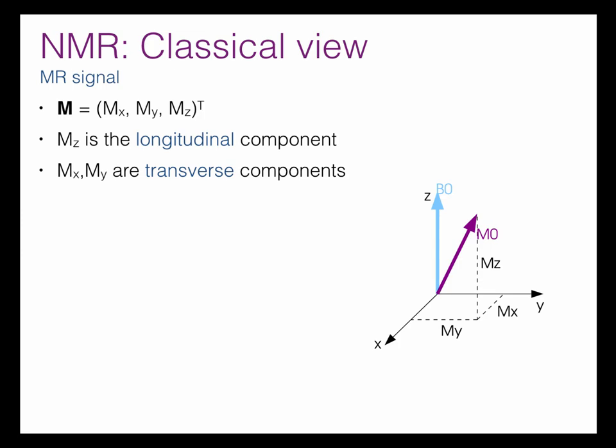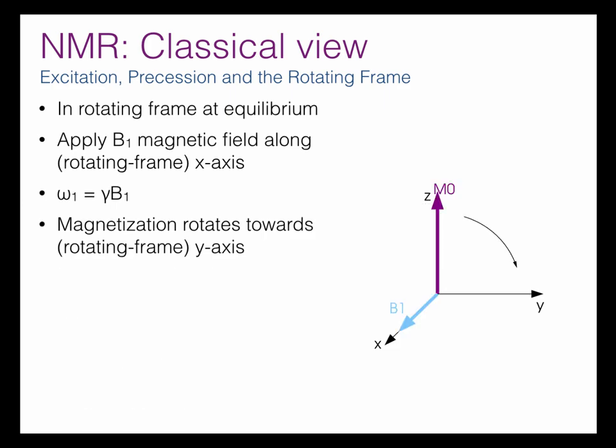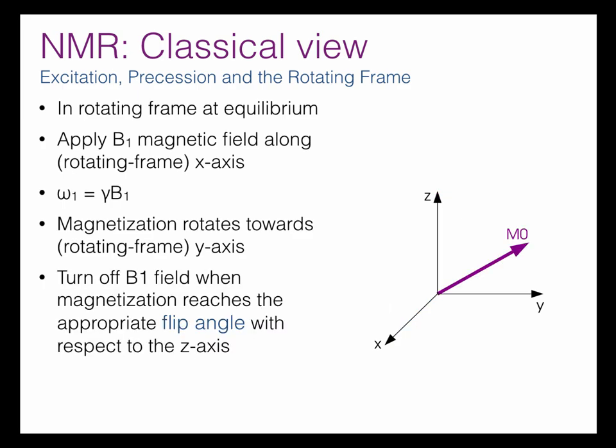But what it amounts to is that the B1 pulse is static in the rotating frame, so it's basically a very fast rotating magnetic field in the lab frame, and it's rotating at omega naught, in fact.